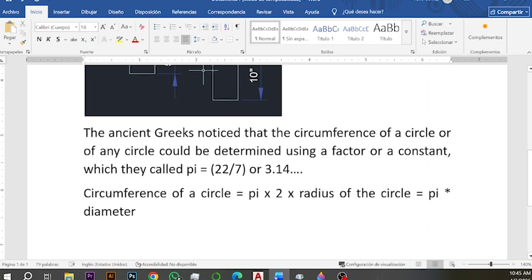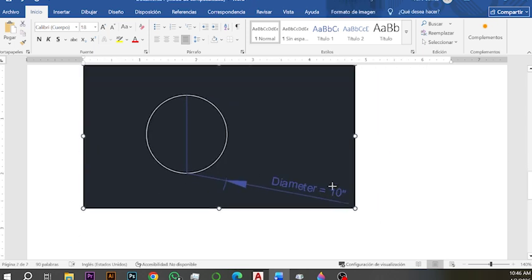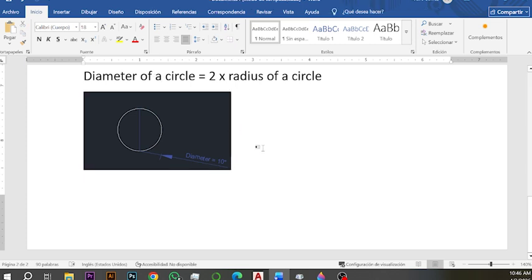And that is because the diameter of a circle is equal to 2 times the radius of a circle. So for instance, let's take the diameter of a normal circle. I'm going to show one right here. This one has a diameter of 10 inches. So the radius is equal to 10 inches divided by 2, and equals 5 inches.